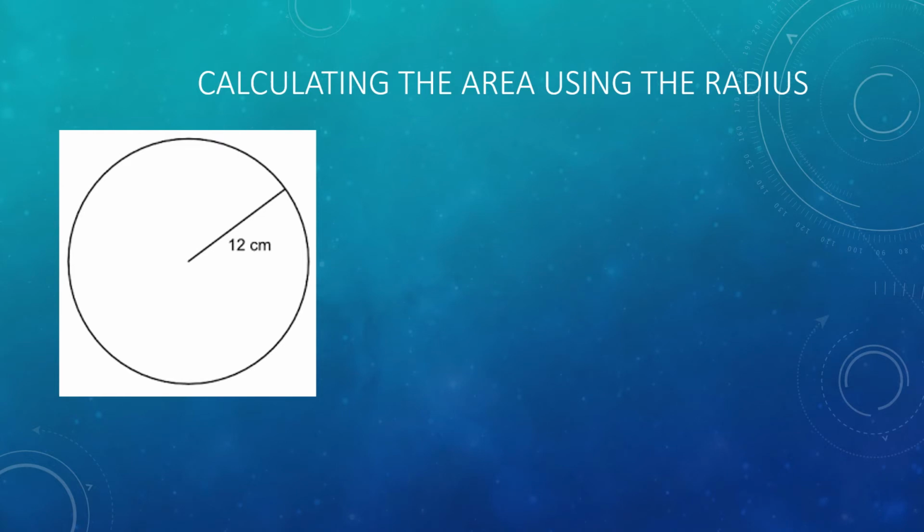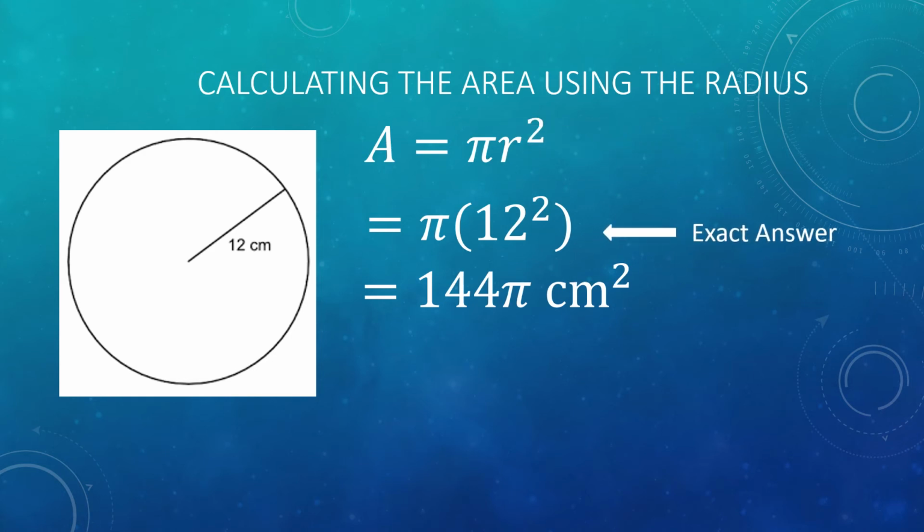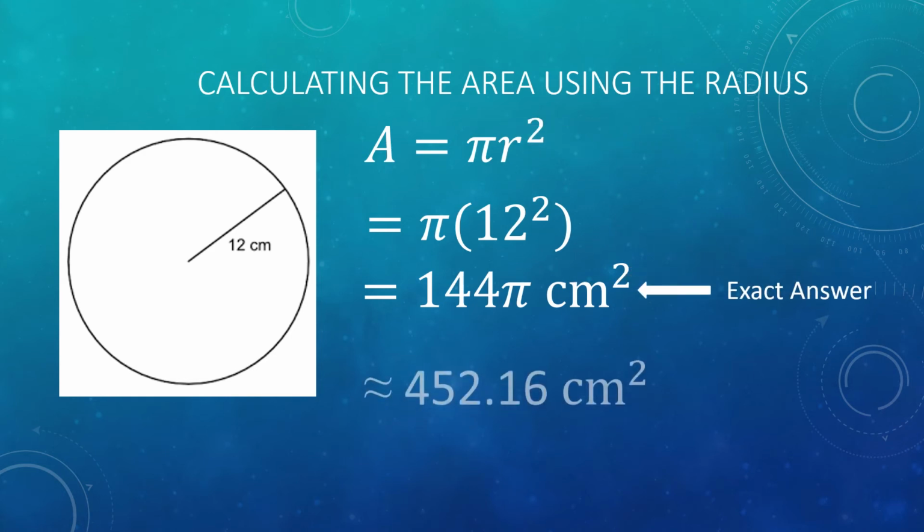To calculate the area of this circle with a radius of 12 centimeters, we're going to use A equals pi r squared. And since R represents the radius, substitute 12 back in the place of R. We're going to square it. 12 times 12 is 144. So my exact answer is 144 pi square centimeters.